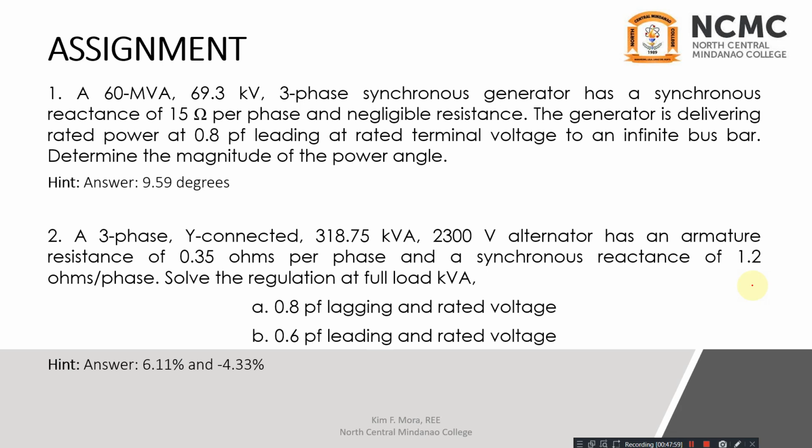Then solve for the regulation, no, percent VR mo pangitaon ani at full load kVA if you are given with natay duha ka condition. So sa letter A, duha dapat yung answer ani. Sa letter A kay natay 0.8 PF lagging and rated voltage, then ang isa is 0.6 PF nga leading. So mo kalainan nila ang power factor nga given.